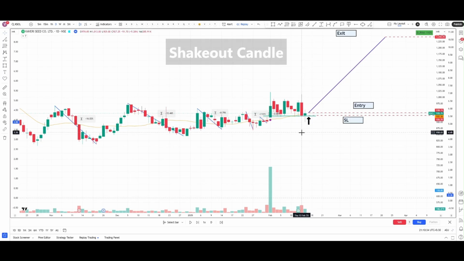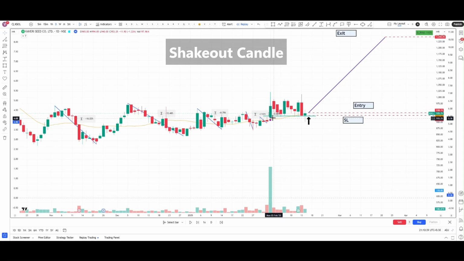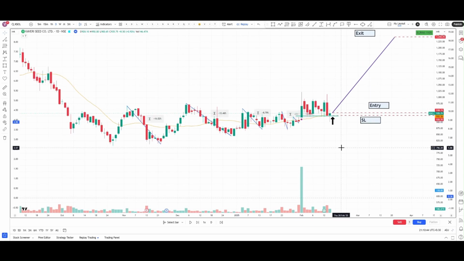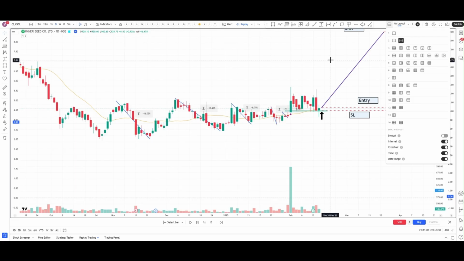This is basically a shakeout candle, which might have taken off all the stop losses lying in this region. So this was another sign that something is going on in this stock. Now all these things, the VCP pattern, the base consolidation, the shakeout, were happening when the market was falling miserably.